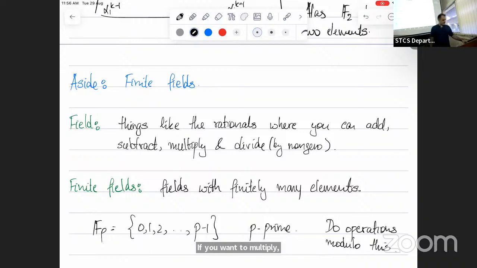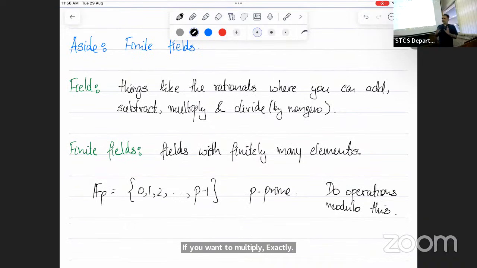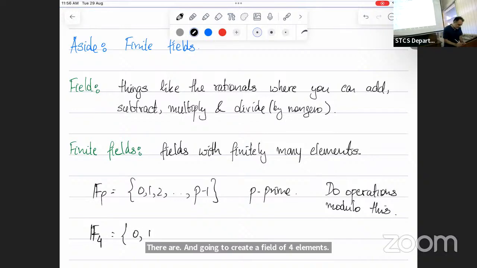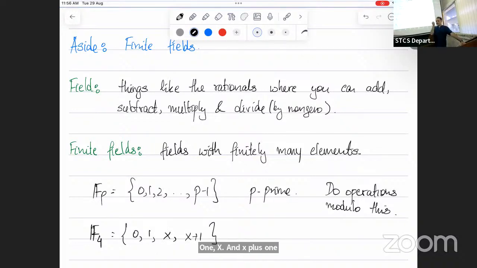Okay. So it turns out you can generalize this notion a bit more, where I'm going to create a field of 4 elements. I'm going to call them 0, 1, x, and x plus 1, where the prime that I'm thinking of is x squared plus x plus 1 over F2.